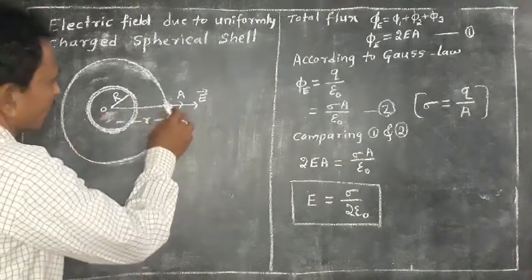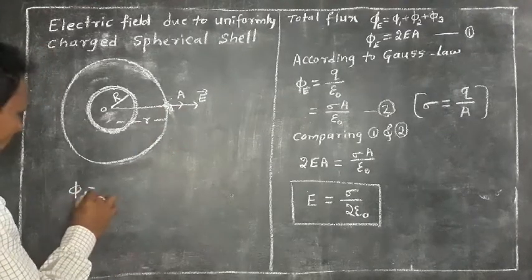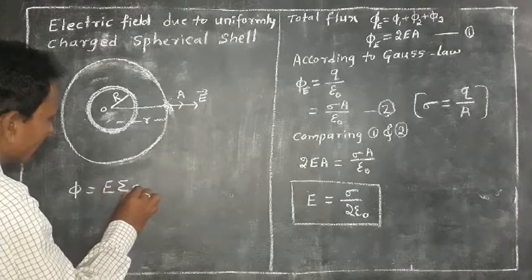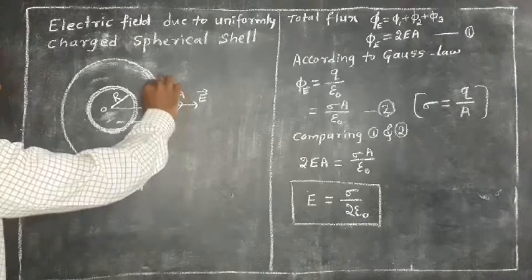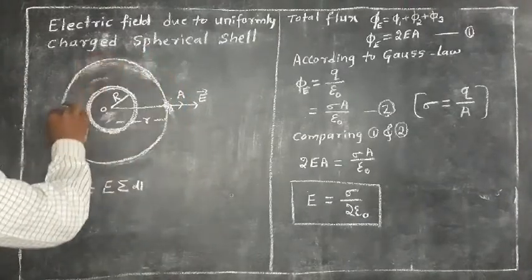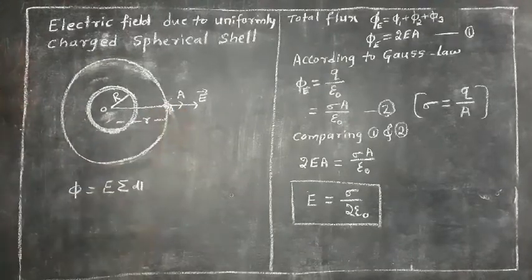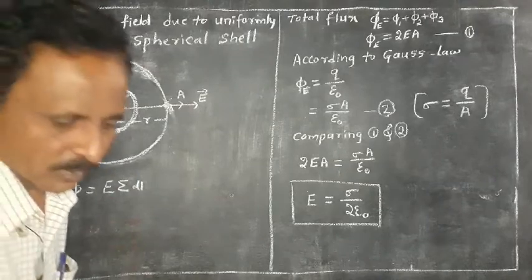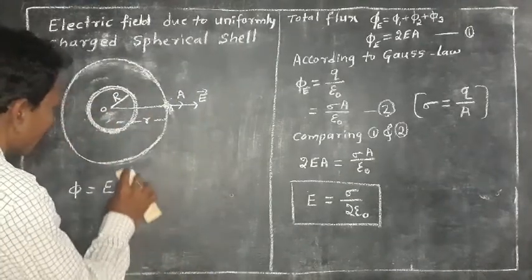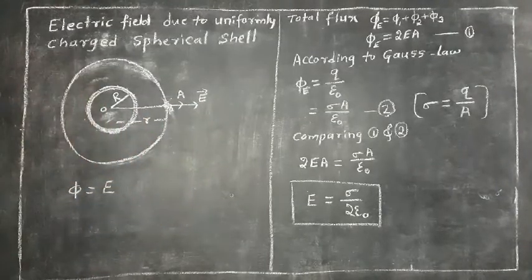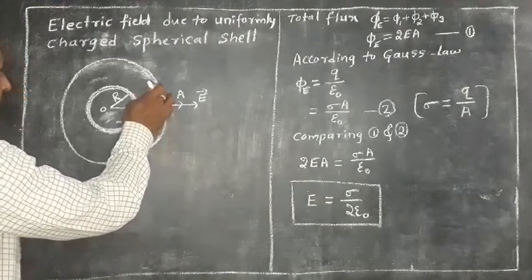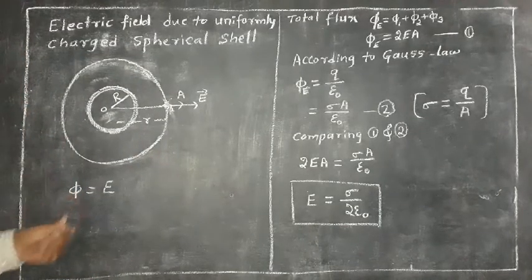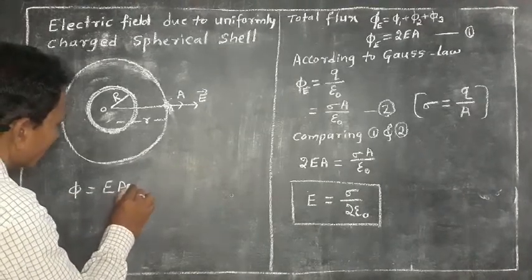Then flux is given by phi equal to E into the summation of dA. This surface can be divided into smaller symmetric elements, and if dA is the elemental area, then all such elements added give the total area A. Therefore, flux phi is equal to EA cos theta.